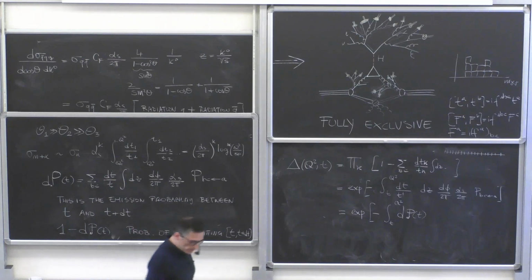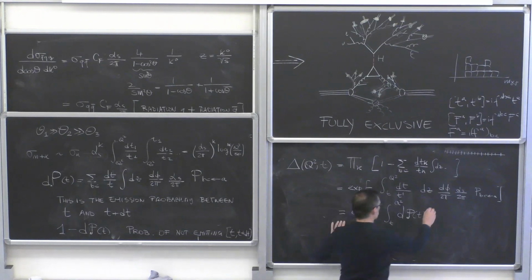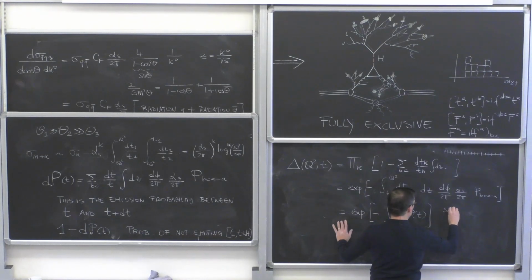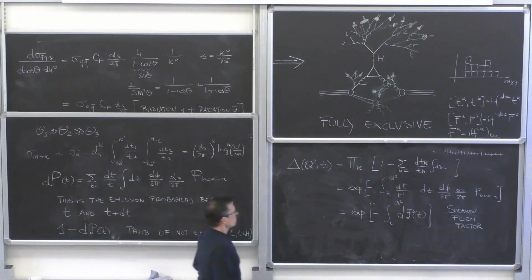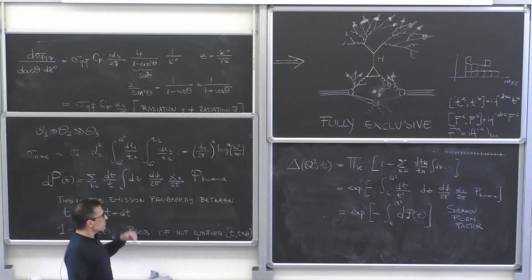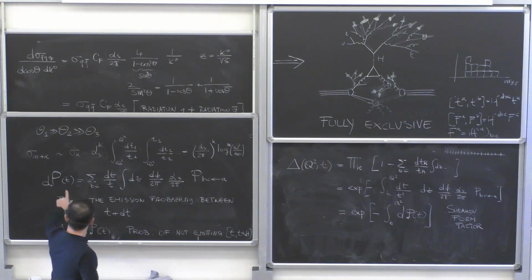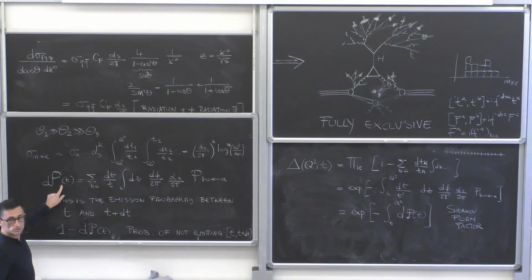So I define what is famously called the Sudakov form factor, which is the exponential of minus the integral of the local probability of branching.